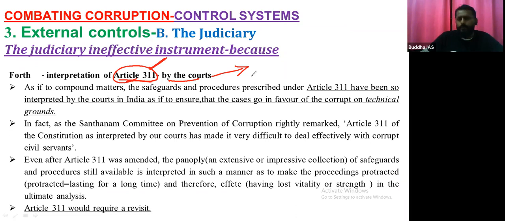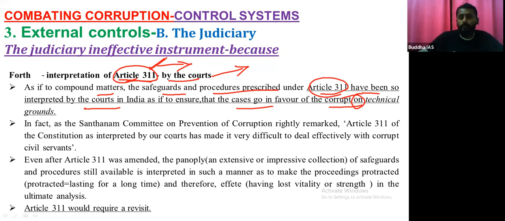There are many other things, as we already discussed, as if to compound the matters, the safeguards and procedures prescribed under Article 311 have been so interpreted by the courts in India as if to ensure that the case goes in favor of the corrupt on the technical ground. So while interpreting this, the Supreme Court is interpreting this in such a way that it benefits the accused.